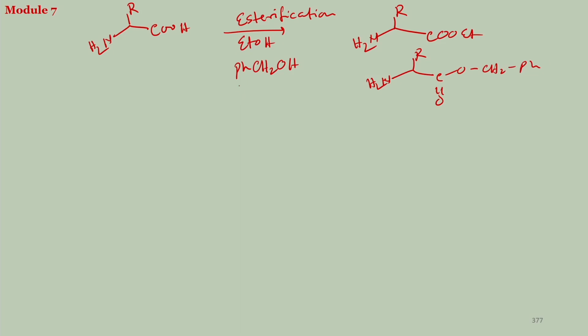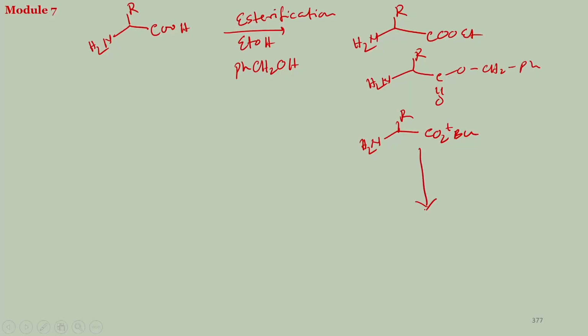If you use tertiary butanol or the other reagent, you can also go for CO2 tertiary butyl also. So, all these are actually, as I have said, removable by hydrogen palladium reduction. Moreover, apart from that, they can also be deprotected by simple ester hydrolysis that requires two steps.